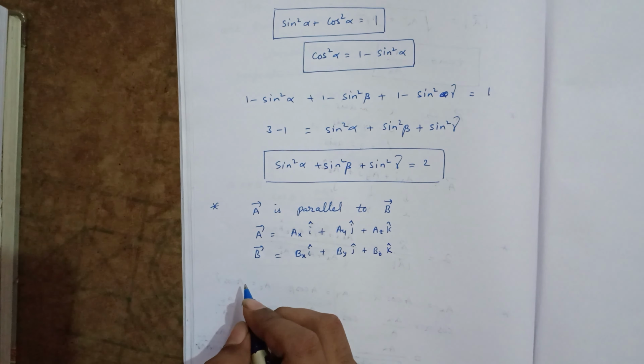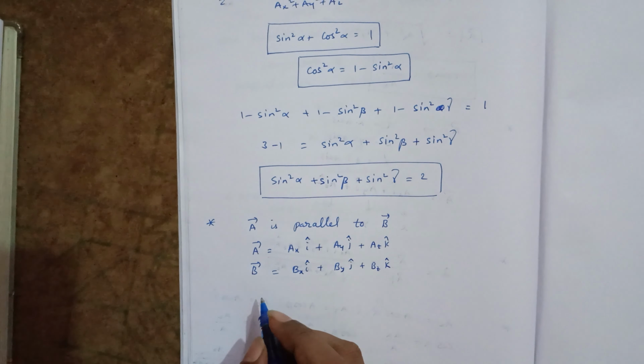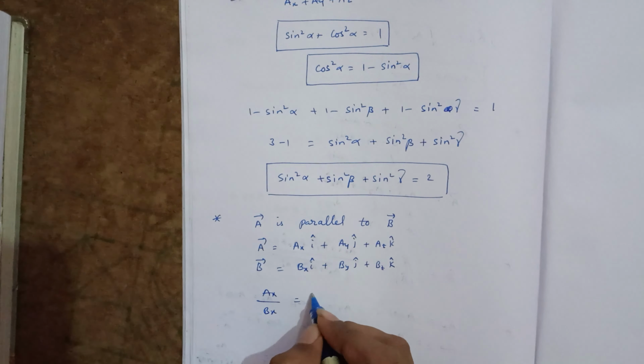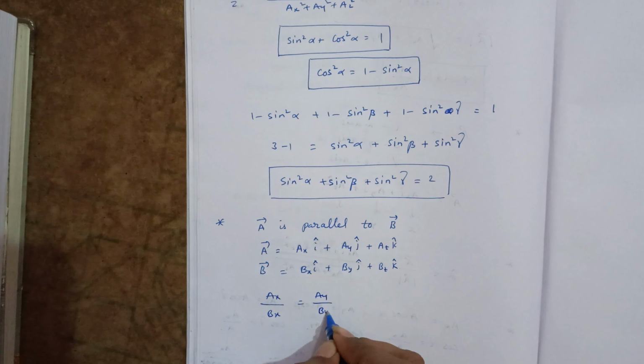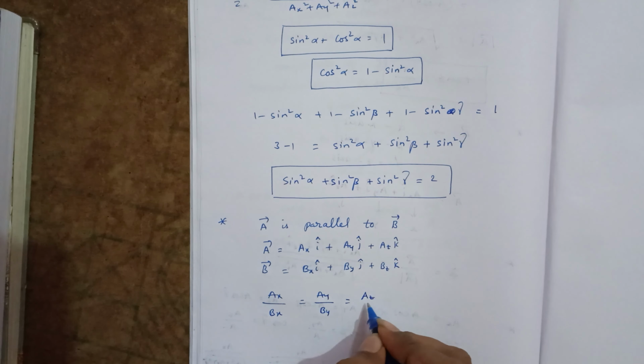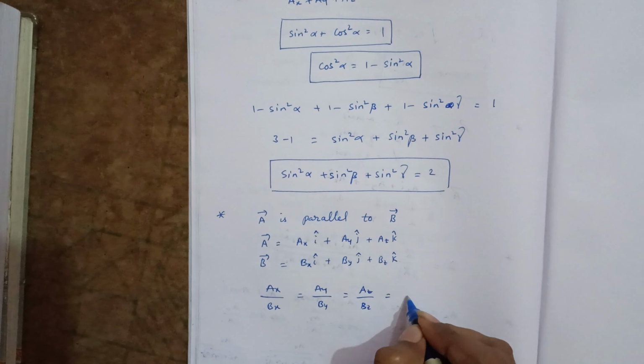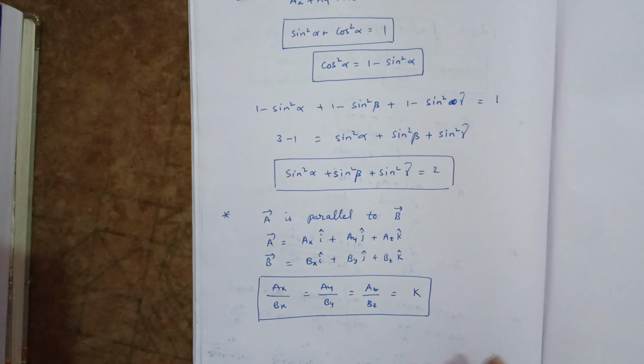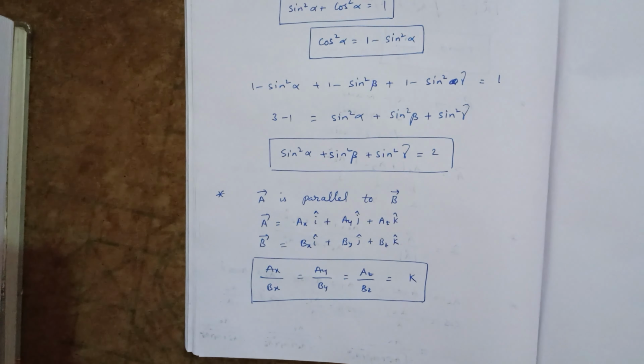Now if these two vectors are parallel, then AX by BX equals AY by BY equals AZ by BZ equals a constant. If they are parallel, it equals a positive constant.